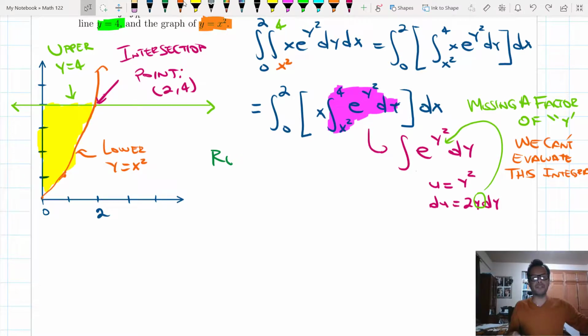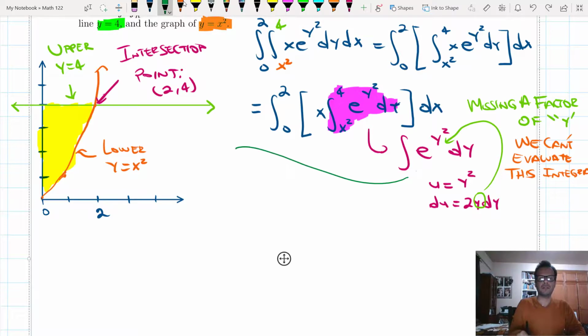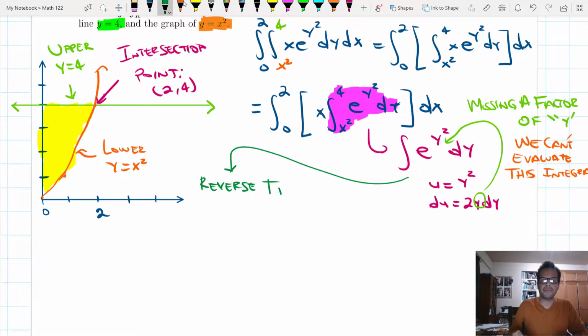Reverse the order of integration. So this is what we do: reverse the order of integration.